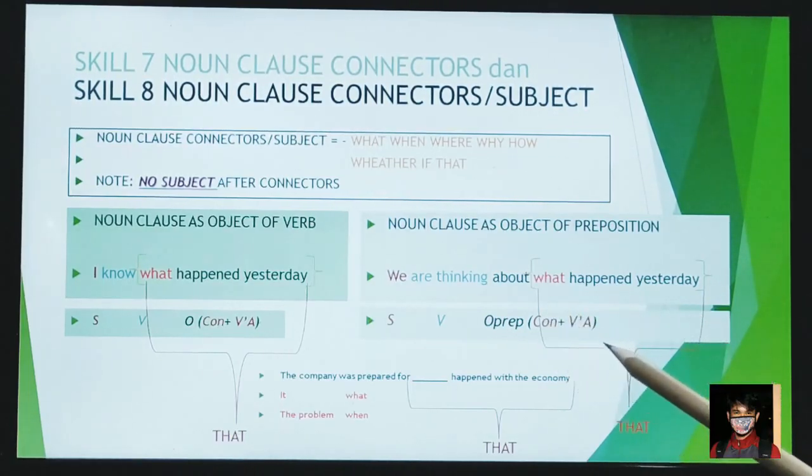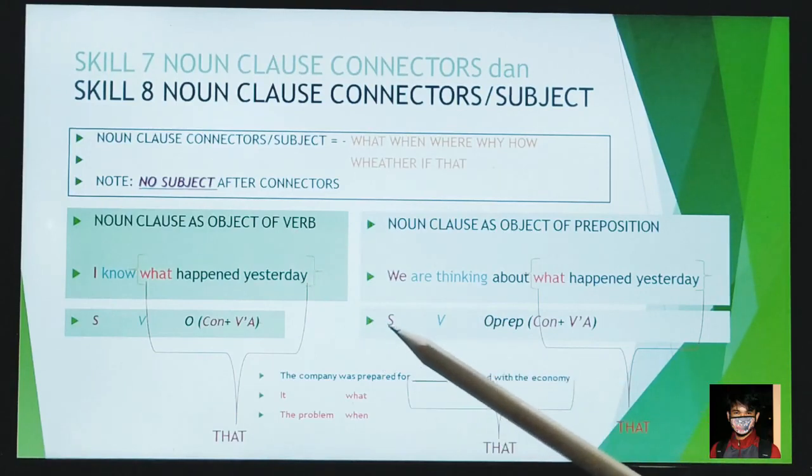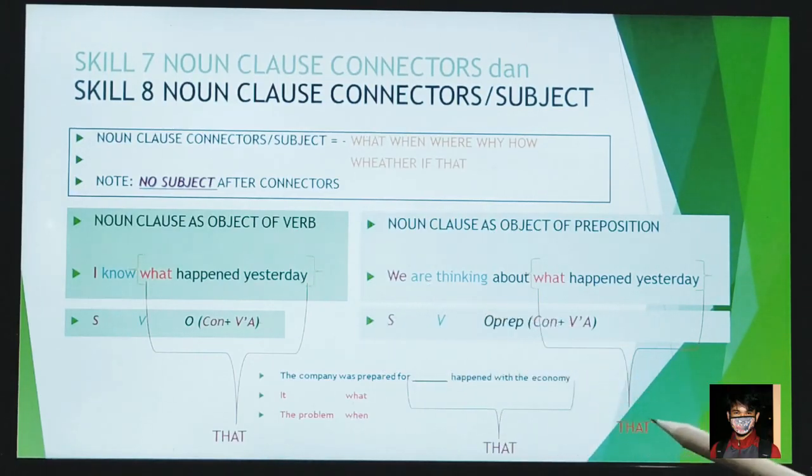We could substitute this with that. So in simple language: We are thinking about that. So this is the point.